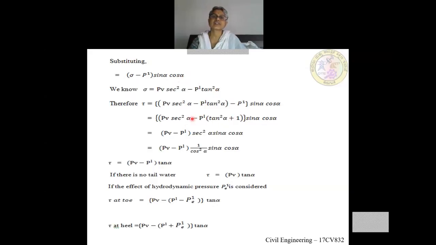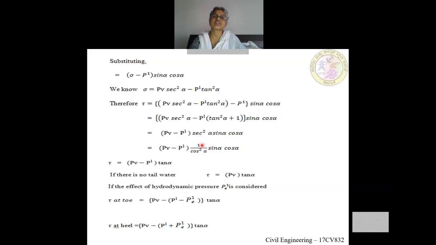Taking out P dash as common, that is written as PV minus P dash, tan square plus 1 is secant square alpha. Secant square alpha is taken as common, secant square alpha into sine alpha cos alpha.